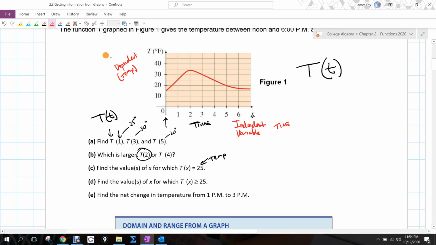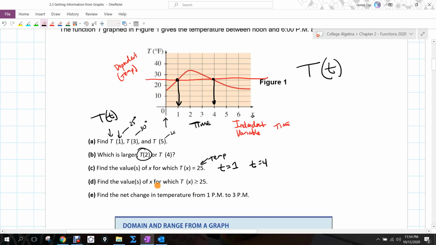What are the x values that compose those intersection points? An x value of 1 and an x value of 4. So a time of 1 p.m. and a time of 4 p.m. gives me a temperature of 25.